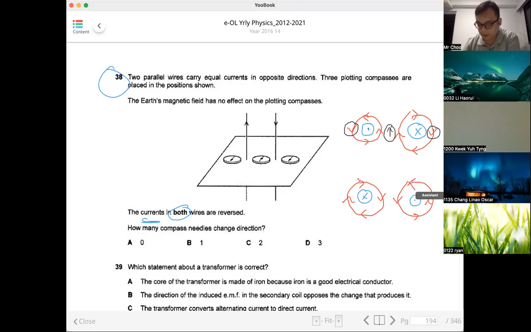So if I were to put my compass itself, my compass will be pointing upwards here. In between, will be pointing down. Here will be pointing up. Now I want you to compare this to this. Did the compass direction change? How many change direction?